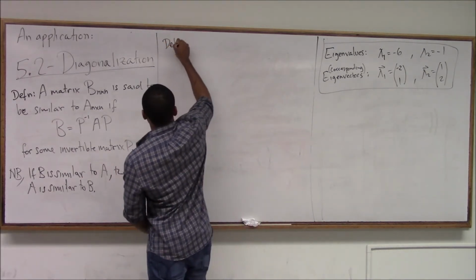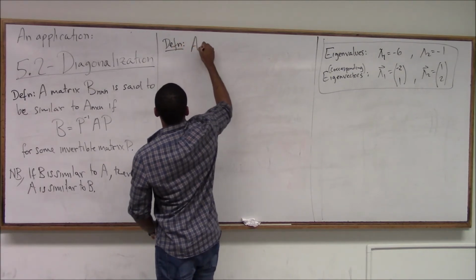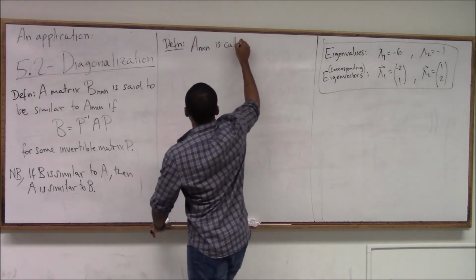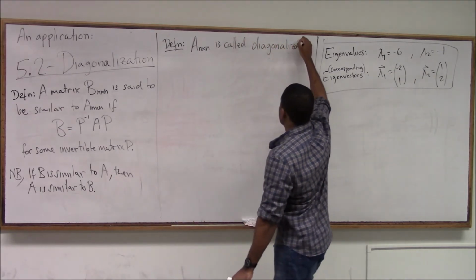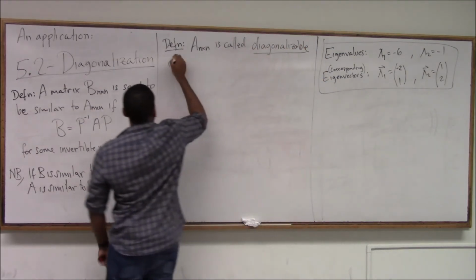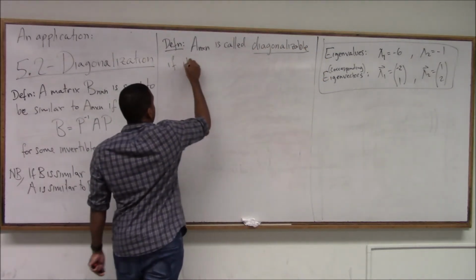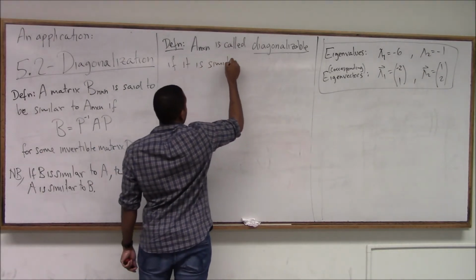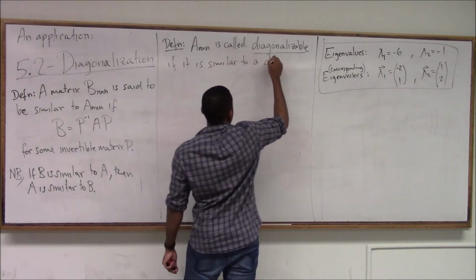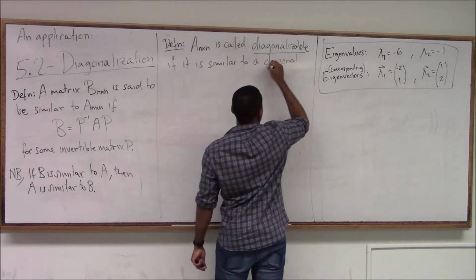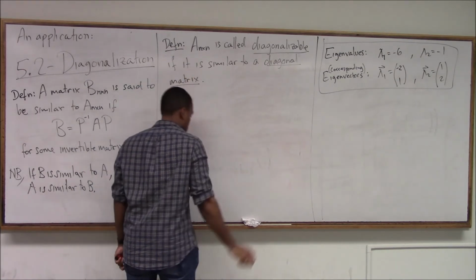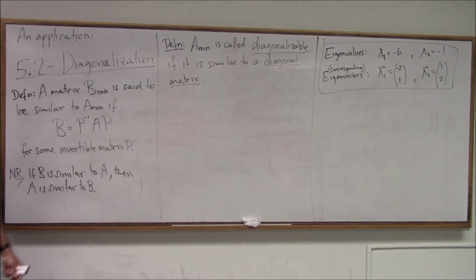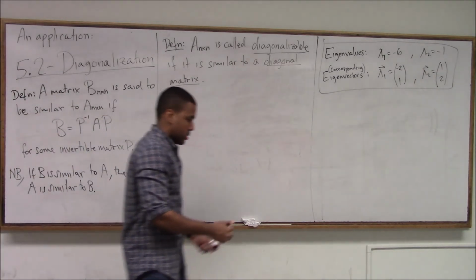Another definition. A n by n is called diagonalizable if it is similar to a diagonal matrix. Remember what diagonal matrices are? Those are the guys where the only non-zero terms show up on the main diagonal and there are zeros everywhere else.